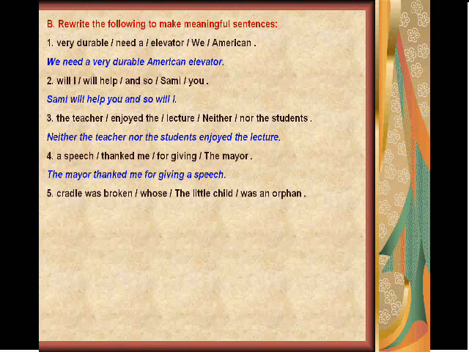Okay, so we call that a cradle. So we have here: cradle was broken, whose the little child was an orphan. You have 2 seconds to answer this, to arrange the words.